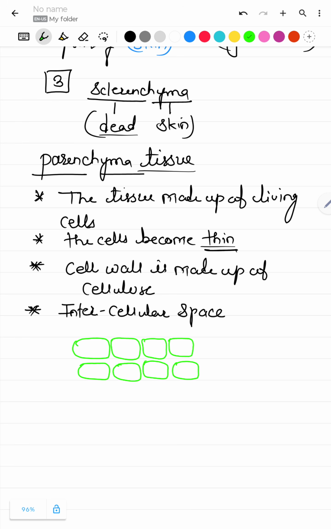Suppose these are the nucleus. The nucleus is smaller in size, and the vacuole is larger in size. These are the vacuole parts.